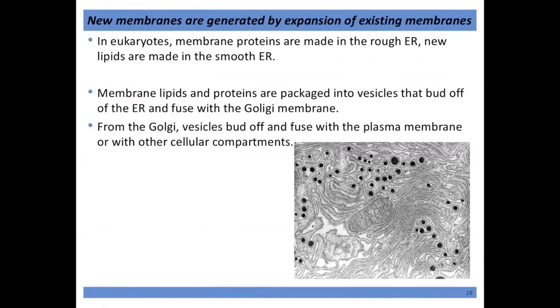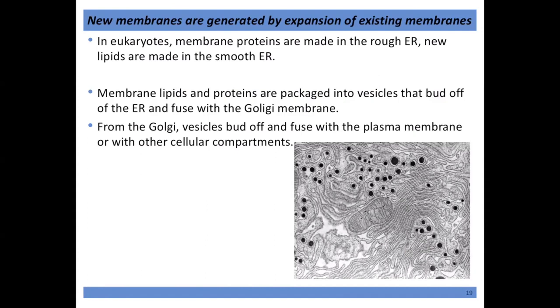Something else that we need to talk about is how proteins actually get into the membranes. In eukaryotes, membrane proteins are made in the rough endoplasmic reticulum. If you remember, they refer to it as rough because the ribosomes are attached to the membrane. Again, the synthesis of lipids is occurring in the cells along with the proteins, and somehow they need to get to the cell membrane.